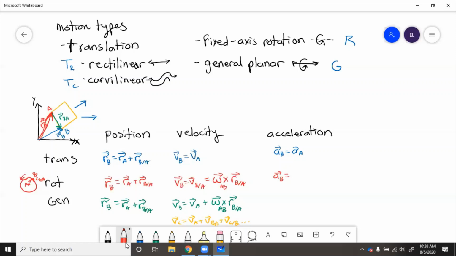So acceleration of B equals acceleration of B with respect to A equals alpha cross RB with respect to A, because alpha is omega dot, plus omega cross RB with respect to A. We're differentiating the R part.